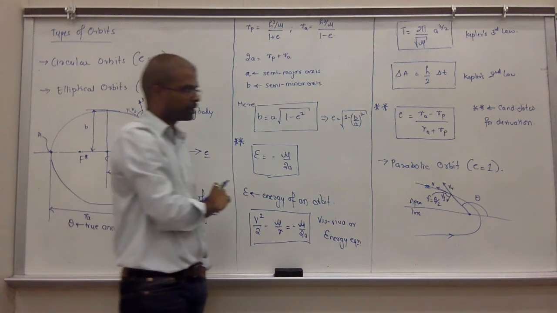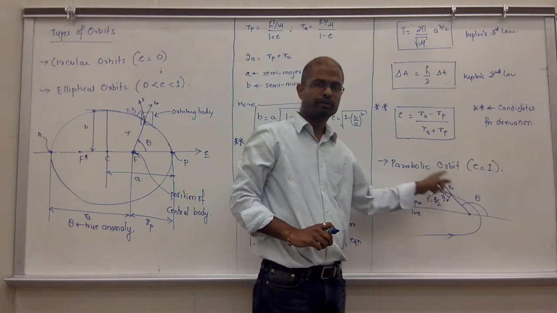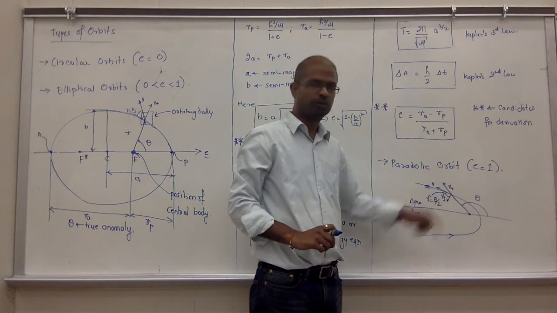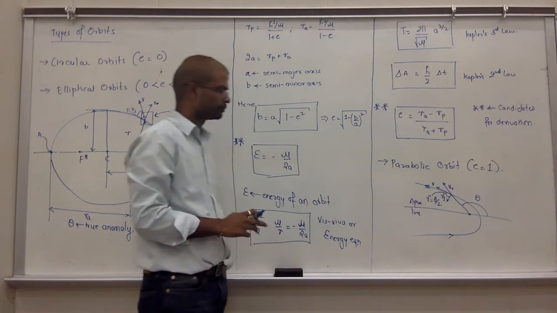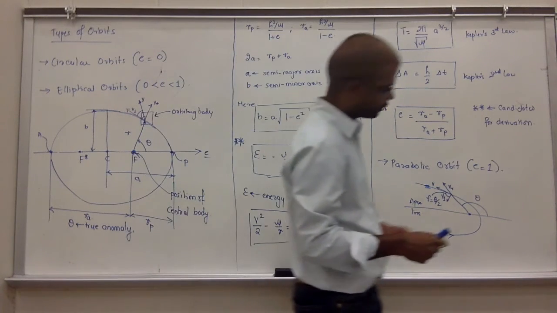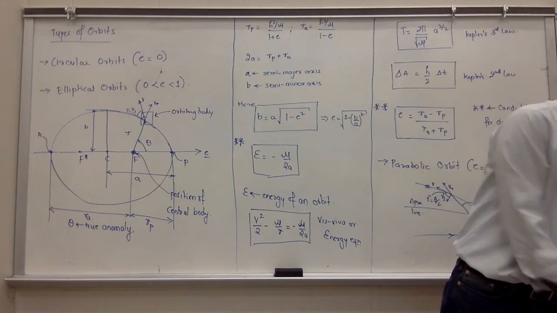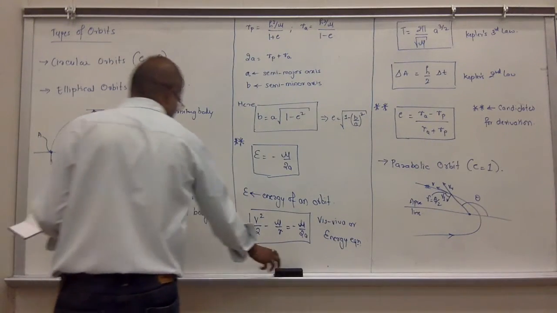Because it's a parabolic orbit, this is the radial component, right? This is the vertical component. So if we substitute E equal to 1, what are the interesting things we are going to see?